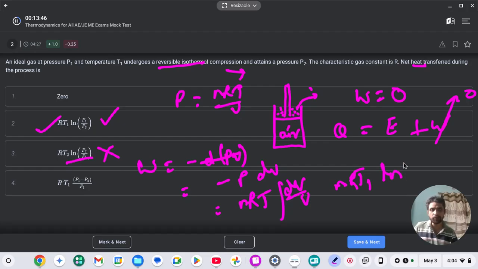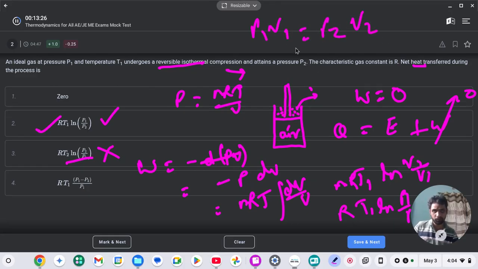V2 by V1 is also equal to P1 by P2, because in an isothermal process P1V1 equals P2V2. So this will be RT1 ln P1 by P2. So option 2 will be correct.